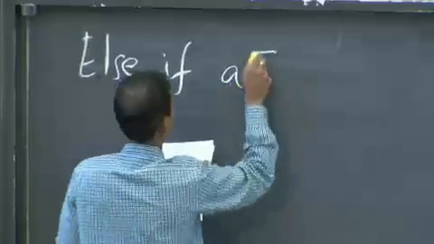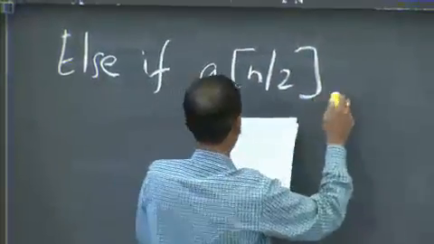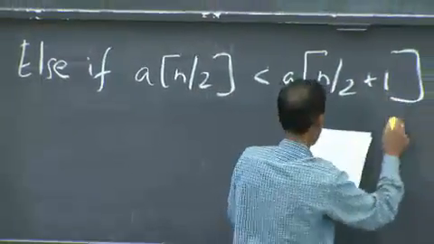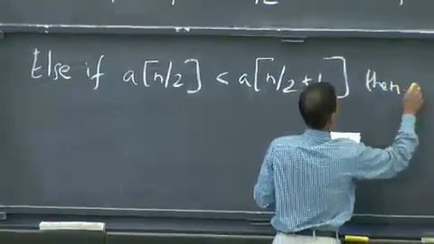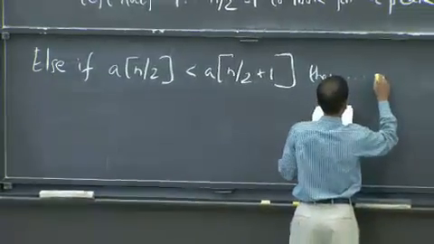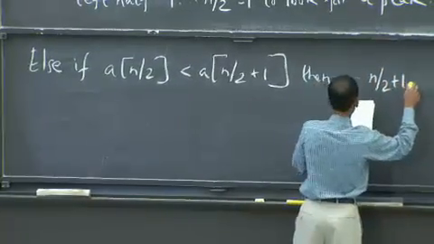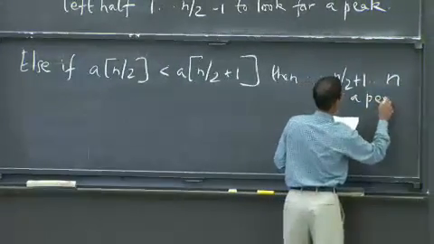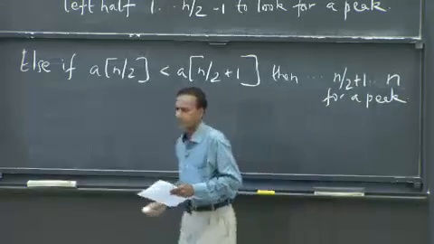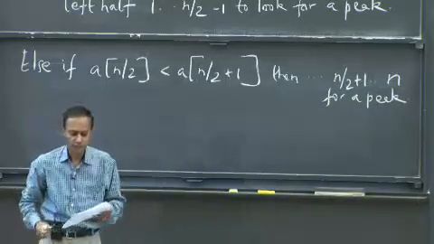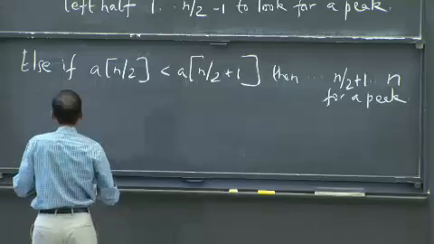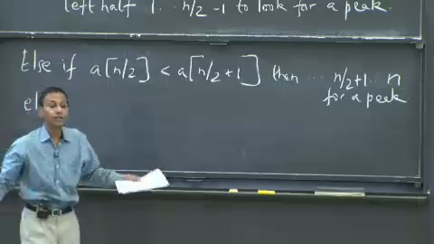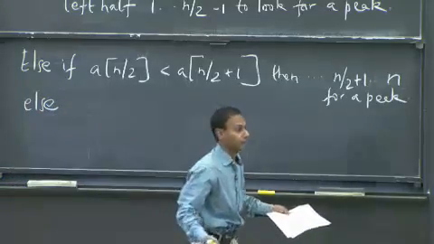But if that's not the case, then if a n/2 is less than a n/2 plus 1, then only look at n/2 plus 1 through n for a peak. I haven't bothered writing out all the words, they're exactly the same as the left-hand side. You just look to the right-hand side. Otherwise, if both of these conditions don't fire, you're actually done.